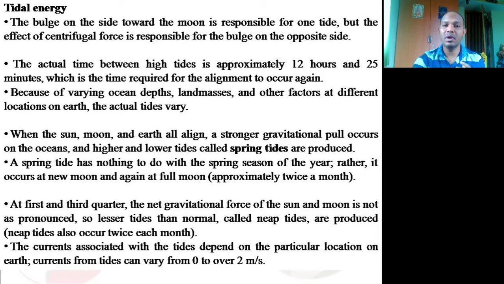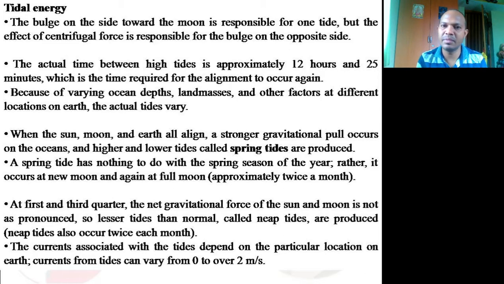Hence the full moon, where we can see the complete moon circularly, and the new moon, which is just the opposite, both produce a high tide. The rise and fall of water level always follows a sinusoidal pattern; it rises and then falls. So this is what we mean by high tide and low tide.